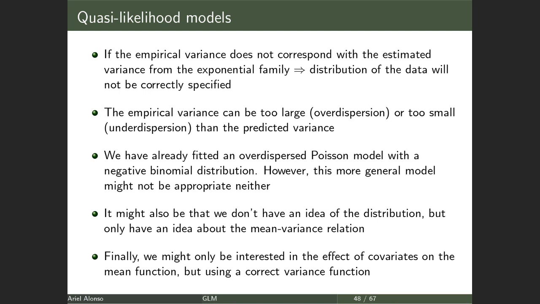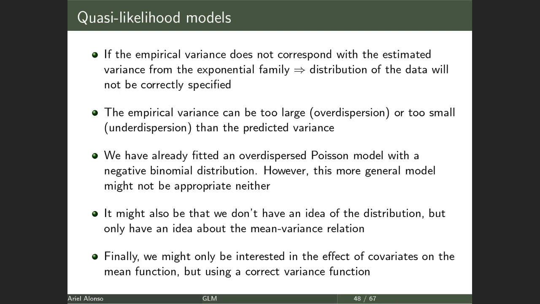We talk there about overdispersion, or it can be smaller than what the model predicts, and then we talk about underdispersion. That may happen most of the time with Poisson data or with binomial data. These are the two classical types of data where you have this problem of overdispersion and underdispersion. Both can happen, but overdispersion is typically observed more frequently than underdispersion.